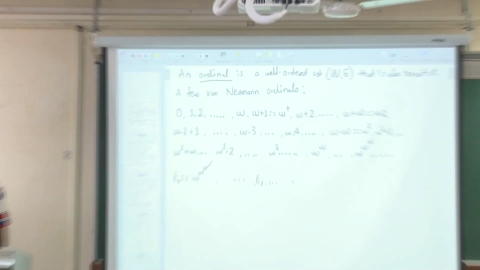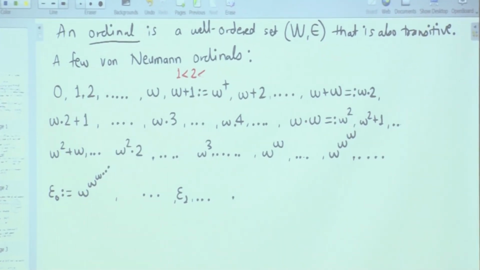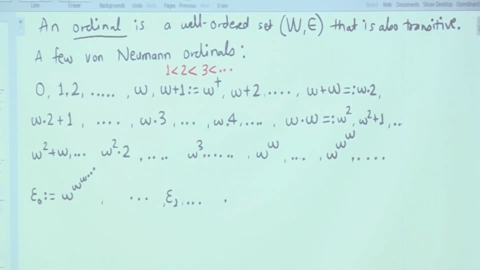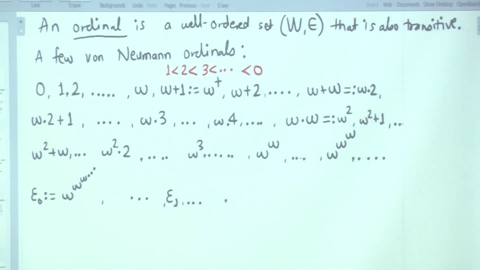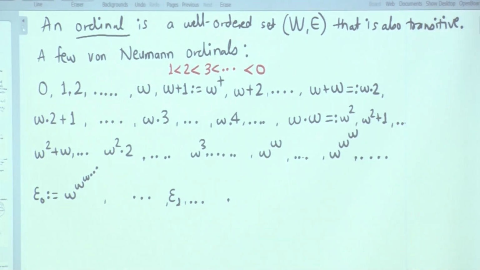It's a different ordering. For example, this omega plus 1, what is that ordering? Well, this ordering is 1 less than 2 less than 3 less than dot dot dot, and 0 sits at the top. That is the ordering on natural numbers, which gives me omega plus 1.